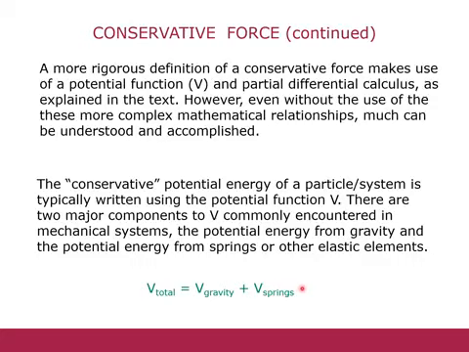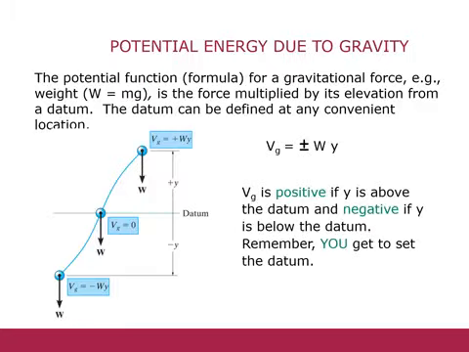The total potential energy of our body is the sum of these two potential energies. We know that potential energy is due to the position of the body. The work done by the gravitational force is conservative, and the work done by gravity will be stored in the form of gravitational potential energy.